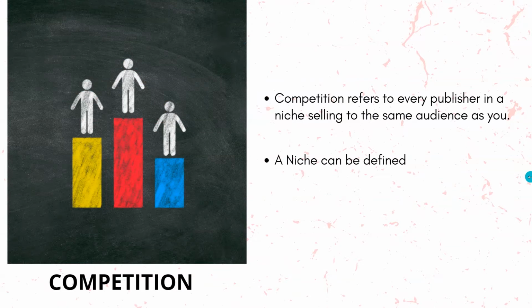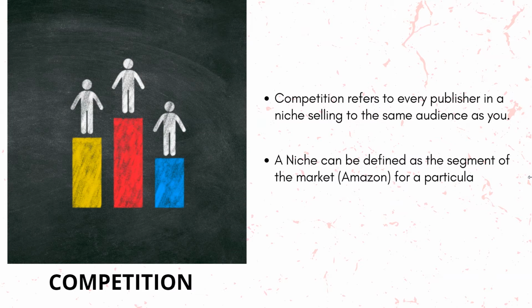With this understanding, you should know what a niche is. A niche can be defined as a segment of a market for a particular kind of product. In this case, a book. The product is a book and the market is Amazon. Using our market example, let's say you go to the segment of the market where they sell shoes, and when you get there, you see different stores that sell different kinds of shoes.